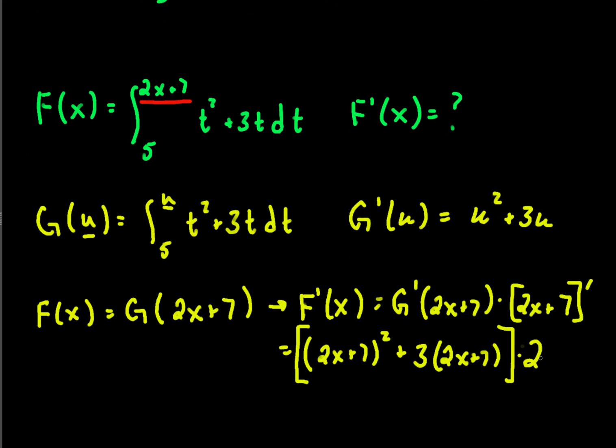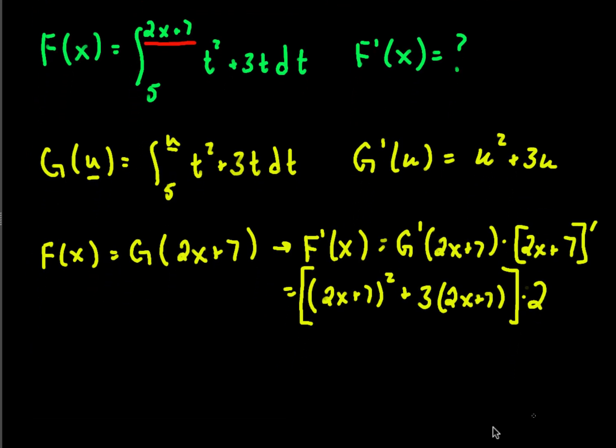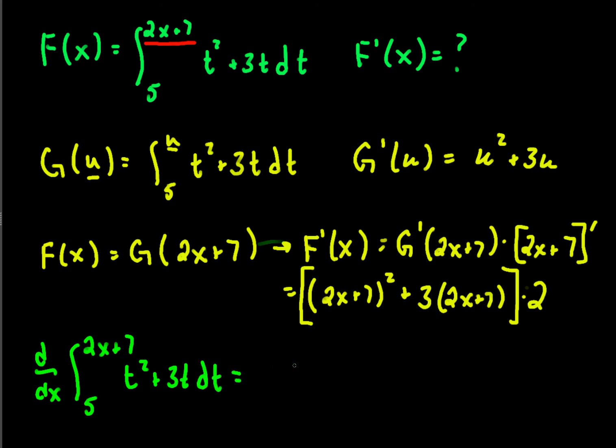And so going back, the derivative with respect to x of the integral from 5 to 2x plus 7 of t squared plus 3t dt is simply equal to 2 times 2x plus 7 squared plus 6 times 2x plus 7.